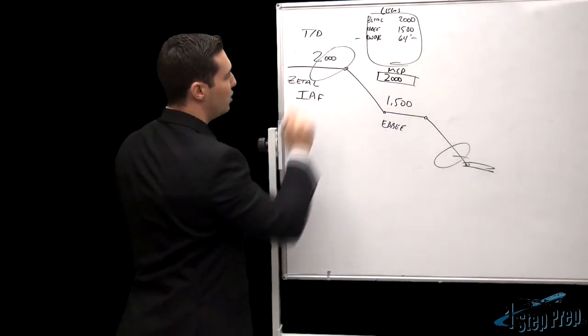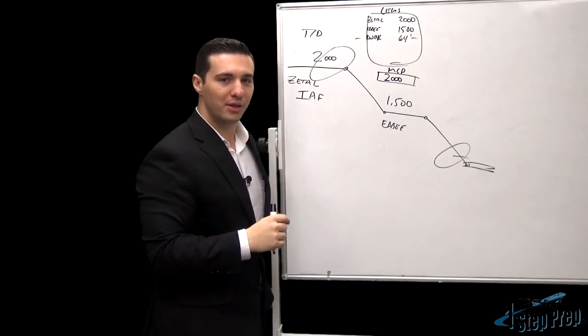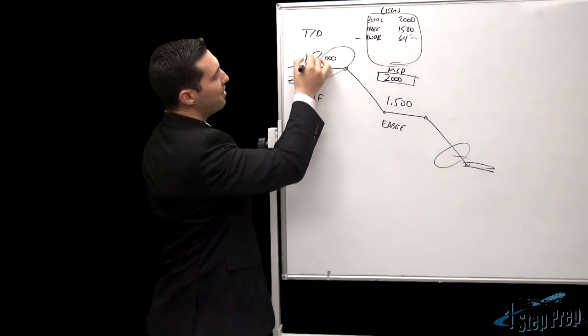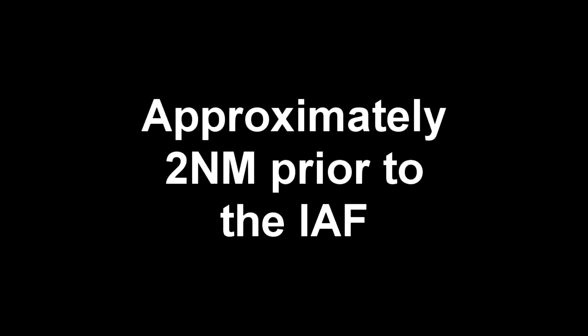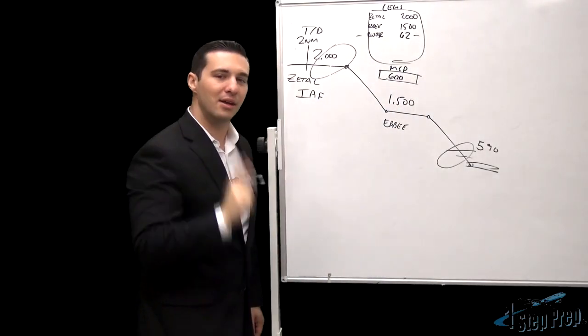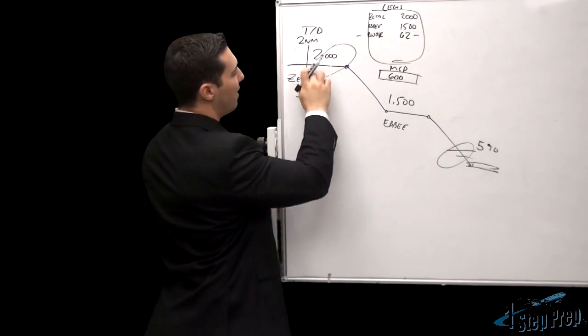So we proceed direct to ZTAL, LNAV is engaged as we navigate laterally straight to this point, and approximately 2 nautical miles prior to your initial approach fix, we are going to set in to the MCP our MDA of 600 feet.